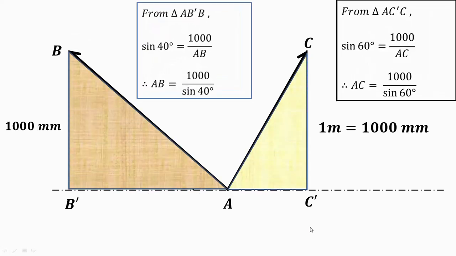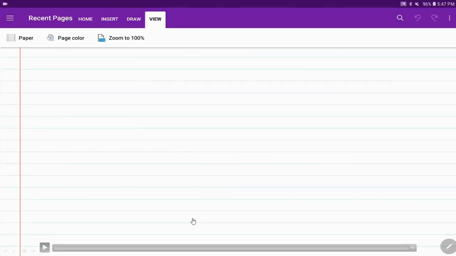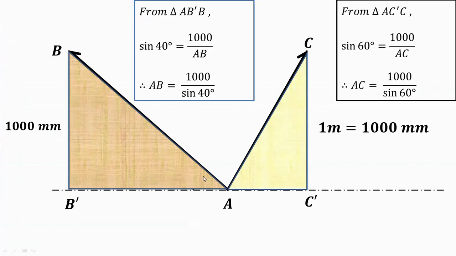Now, from the triangle A, B dash and B, this angle is 40, so sine 40 will be equal to 1 meter, that is 1000 mm, divided by AB. So AB will be equal to 1000 divided by sine 40. Take sine 40 on this side and AB on this side, so that we get the length of wire AB.